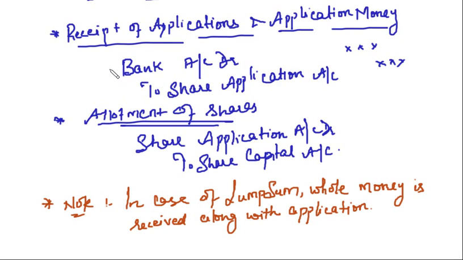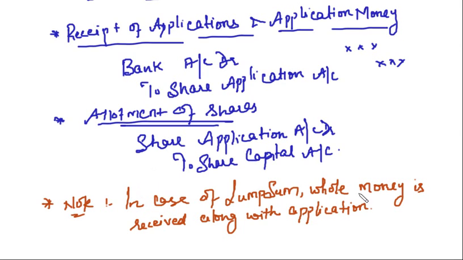Clear? First of all, we will say we have received application money, and then when we accept the applications, we allot shares. This application money will be transferred to share capital account, signifying that we have accepted your applications and now your application money becomes our capital. Clear?